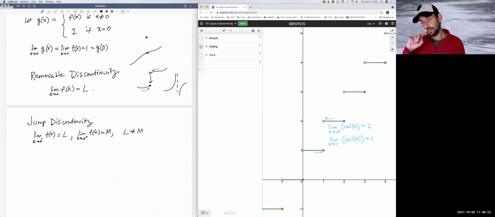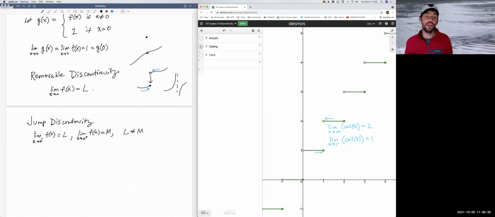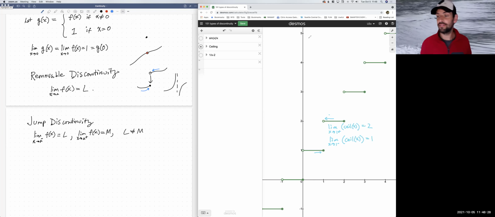From below, we're at 1, from above, we're at 2. Those two don't match, and so we have this jump discontinuity. Okay, so that's another discontinuity we can have.